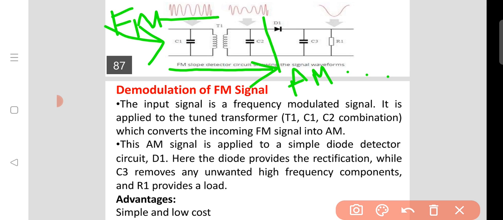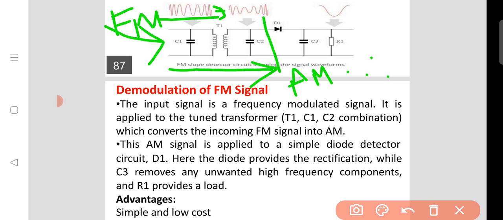This change in amplitude is caused by the change in frequency deviation on the input side. That frequency deviation, through this LC tuned circuit, produces the different variations in amplitude.